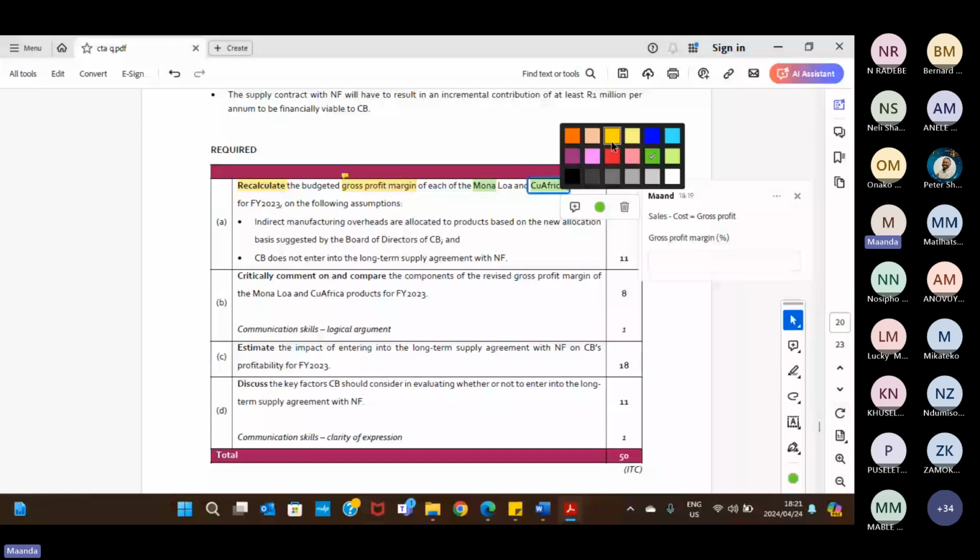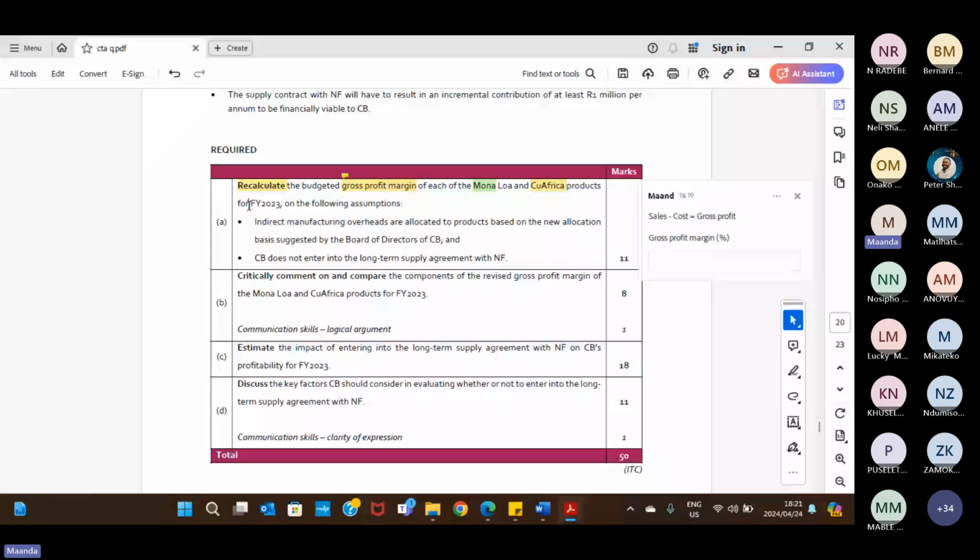I don't want you to calculate the gross profit margin for just one product, because that was not the required. The required wants you to do the gross profit margin for both products, product M and product C, for financial year 2023, right?